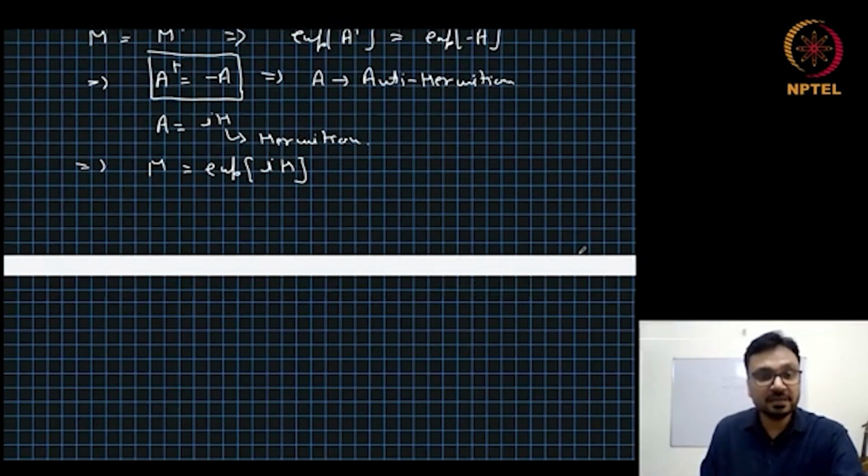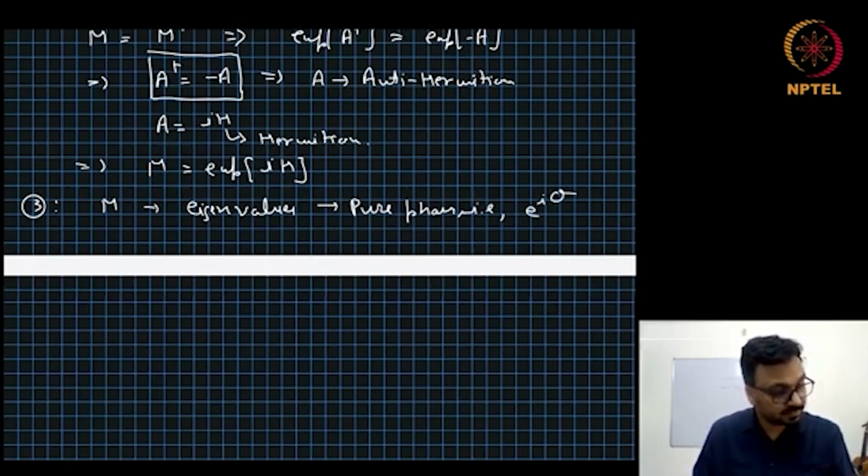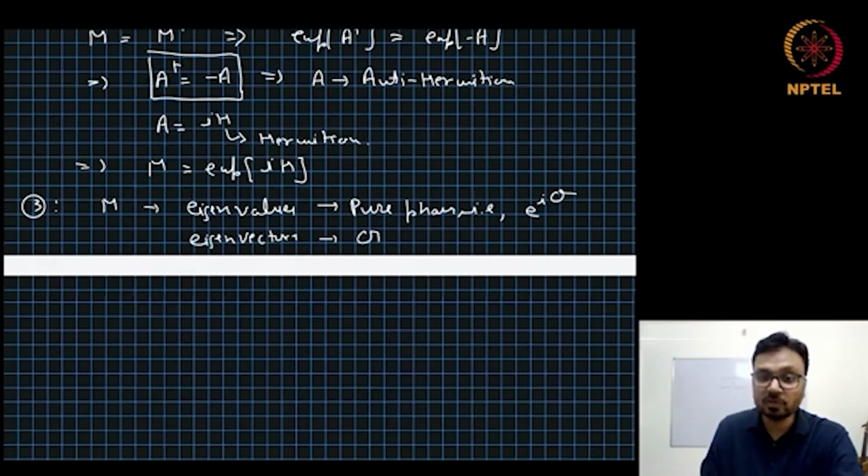Now there can be an assignment problem, which let's call 3. If we have a unitary operator M, the eigenvalues of M will be pure phases, that is, of the form exponential of i theta. And the eigenvectors will form an orthonormal basis.